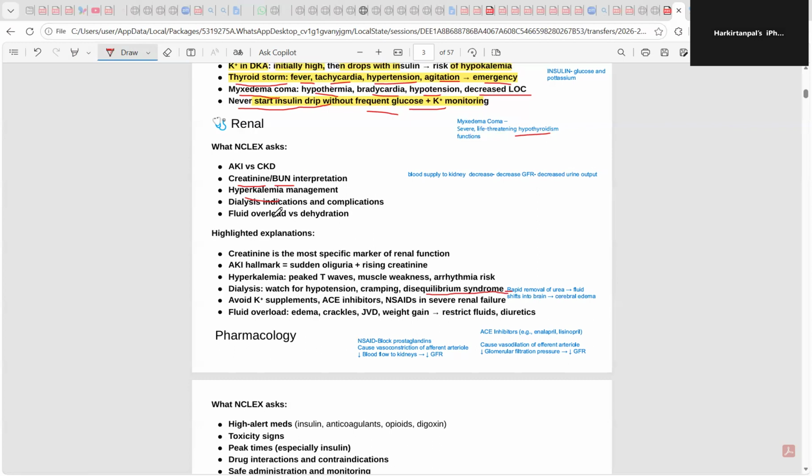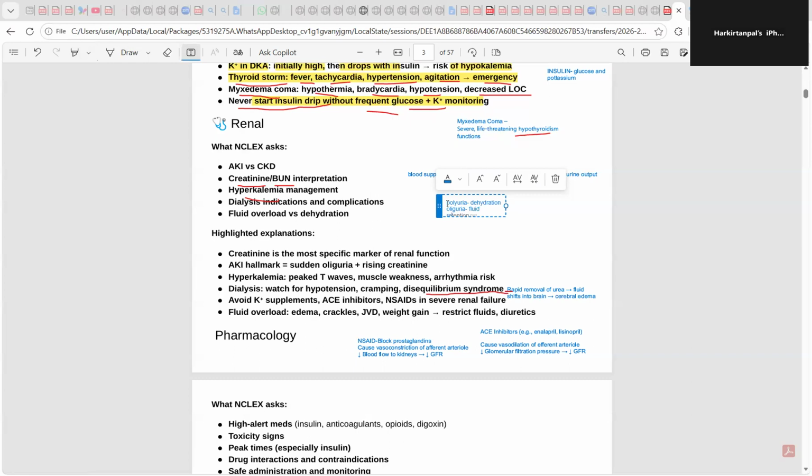And also the next one is fluid overload and dehydration. In case of polyuria, if there is excess urine output, what happens? Dehydration. And if there is oliguria or decreased urine output, what happens? Fluid retention.